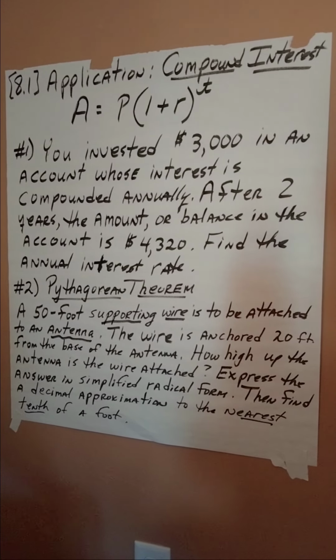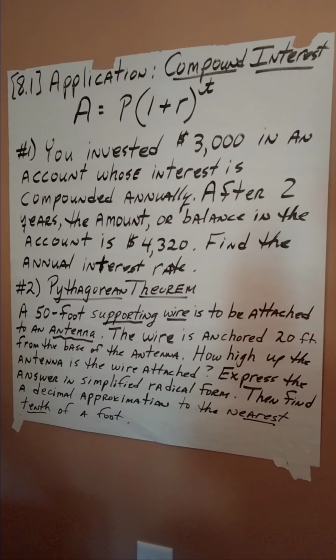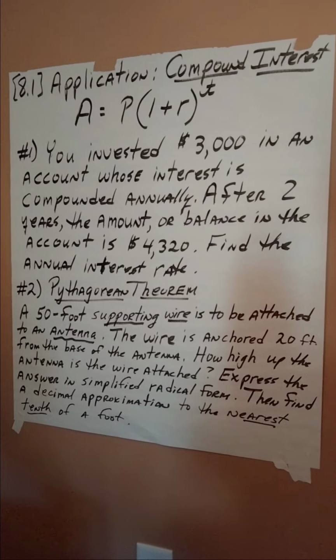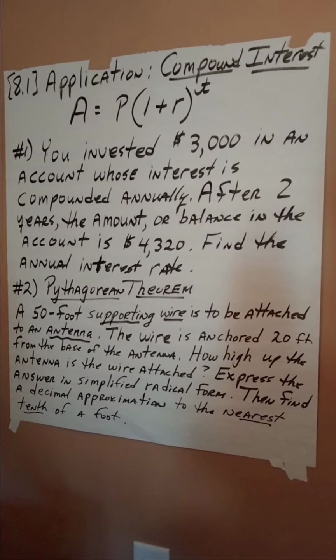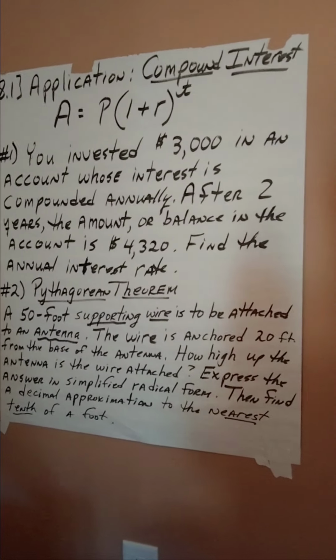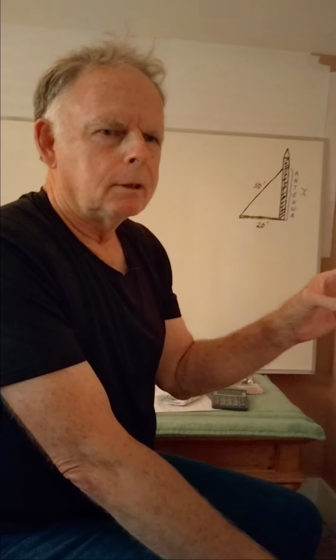Now, briefly, the camera doesn't need to be on me right here at this point, but I do want to define what is meant by compound interest. Very simply, compound interest is interest earned on top of interest that has already previously been earned.